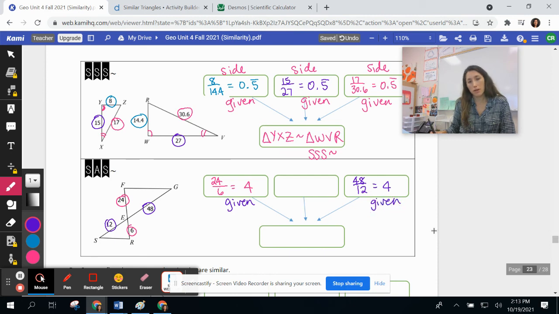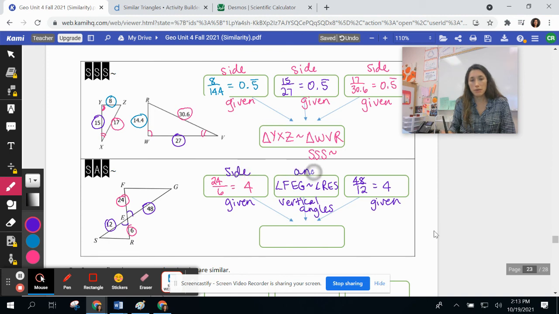Now, there is one other thing on the diagrams that are equal to each other, and it would be these angles here in the middle. We call those vertical angles. So we can say angle FEG is congruent to angle, if I started with F, I'll do RES. Just need one more E for my name. Okay, so we've got here vertical angles. Now, this is a side proportionality statement.